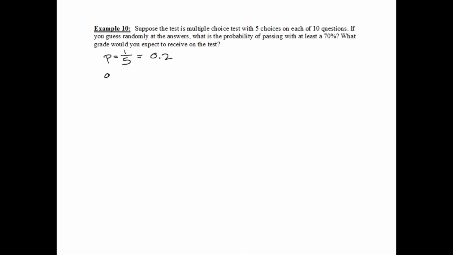My probability of failure then would be 4/5, or 0.8. Once again, for 70%, that would give me 7 successes, or 7 correct questions in our 10 trials. So here we want the probability that x is greater than or equal to 7.